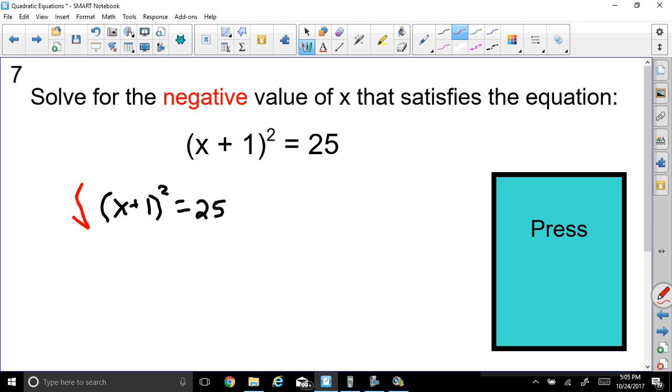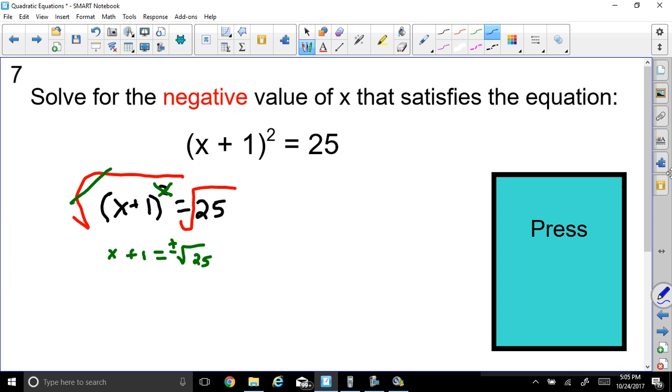I'm going to put a very big square root around that and a square root around the 25, because that cancels out the exponent for us, leaving us with just the x plus 1 on this side equals the square root, and don't forget, positive or negative, of 25.